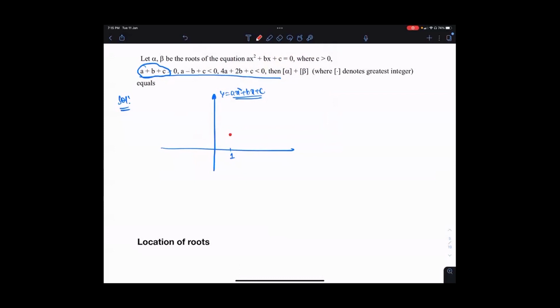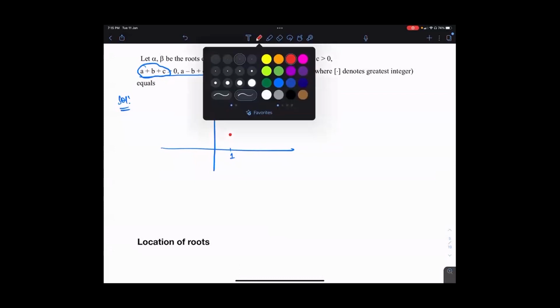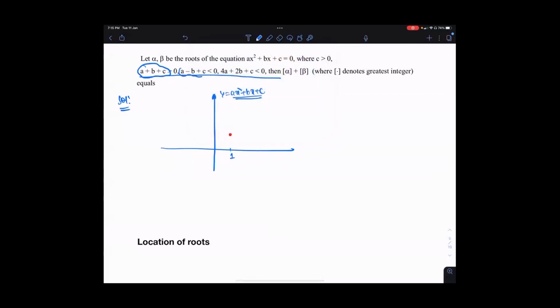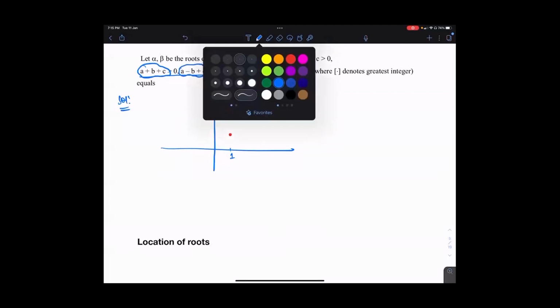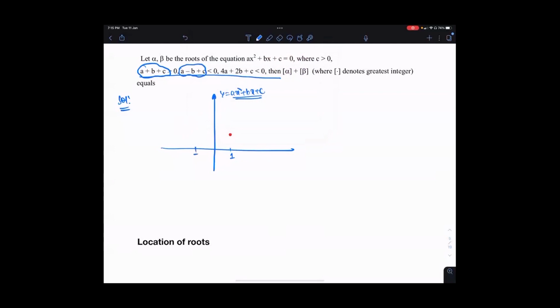And when will you get the second expression, a minus b plus c, for what value of x? -1. If you put x as -1, you will get a minus b plus c. Since the value of the function is negative, I'll mark somewhere here. That point will be on the graph. And last, how will you get this from ax square plus bx plus c?